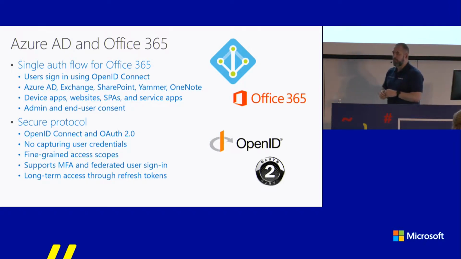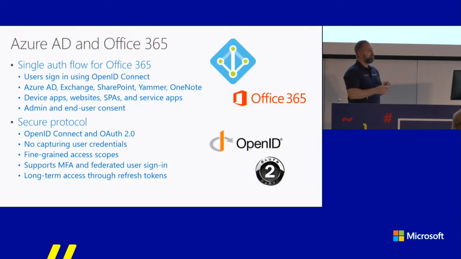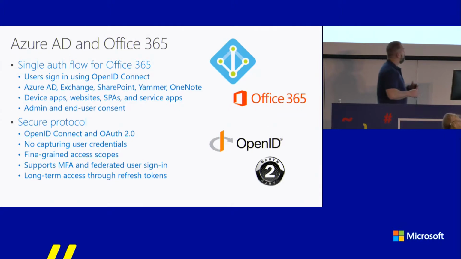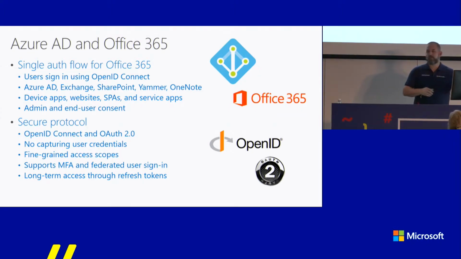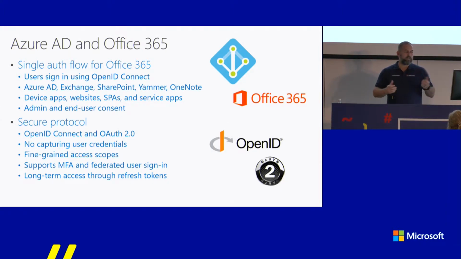I don't have a demo that works with Yammer or OneNote, so we're going to touch on a few of those. And this applies whether you're working with device apps, like a phone, a website, which is what we're going to be using today, a single page app, or service applications. There's a wide variety, but they all work with that single auth flow through Office 365.